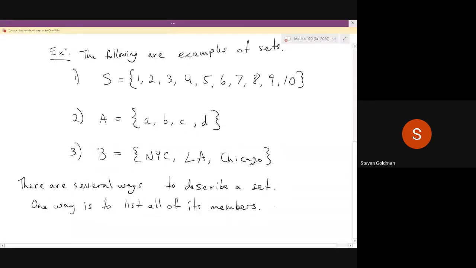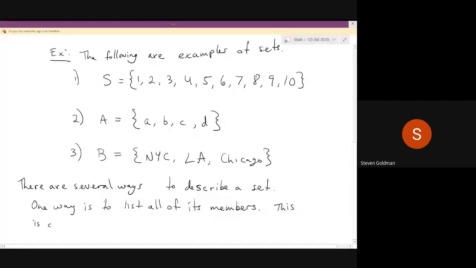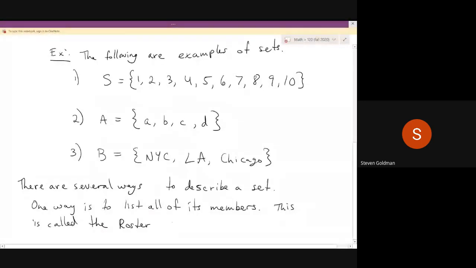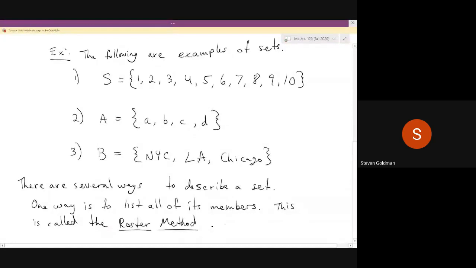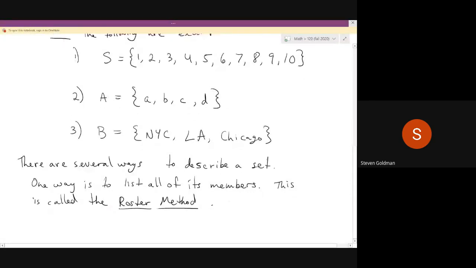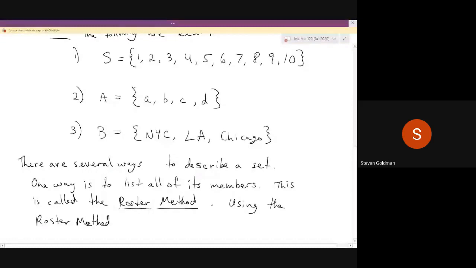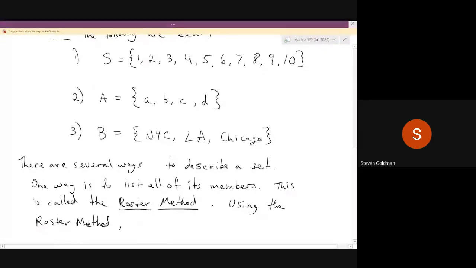This is called the roster method. Whenever we use the roster method, we enclose the set in braces.